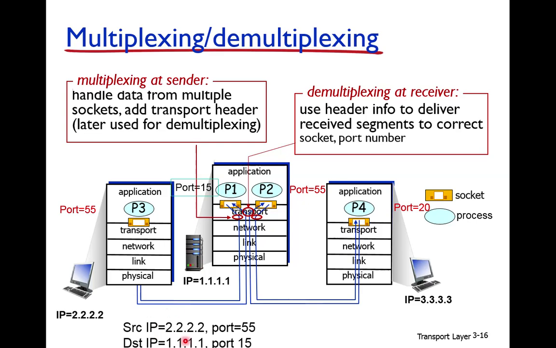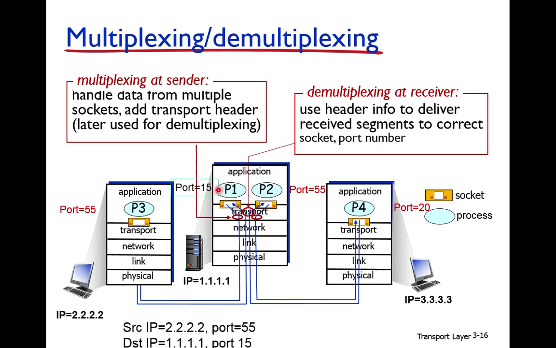This IP address will first be used to deliver the data from this machine to this machine. When the data reaches this machine, the machine has to identify which application the packet is for, so it will use the port number. The port number is 15, and on this machine port number 15 is used for P1.